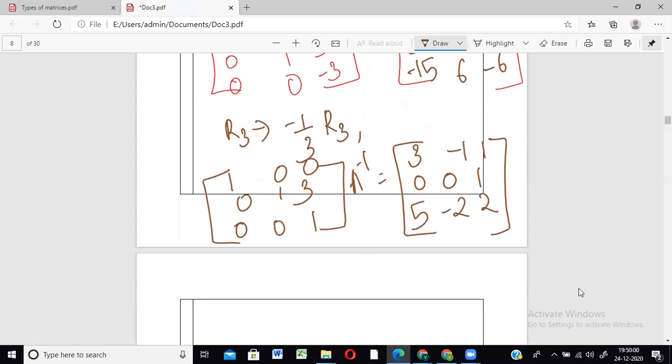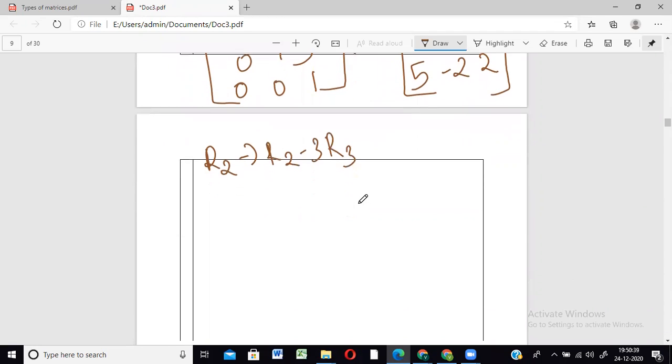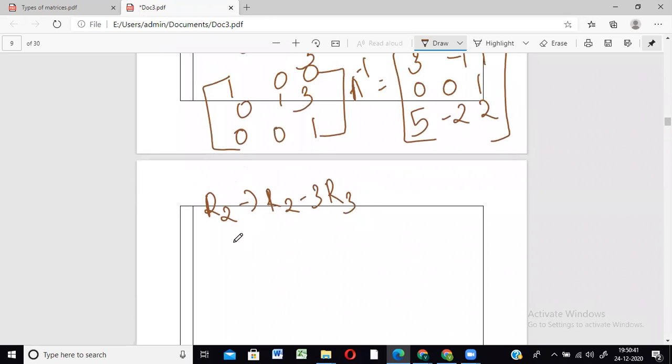Now the only thing that we want is to make this 0. That is easy, right? R2 is changing to R2 minus 3 times R3. Yes, with the help of the third row we can do it.